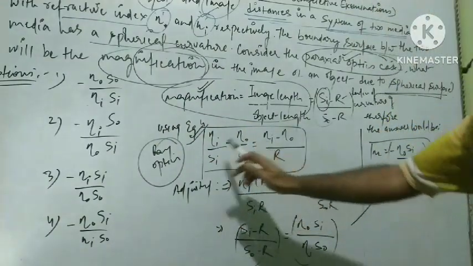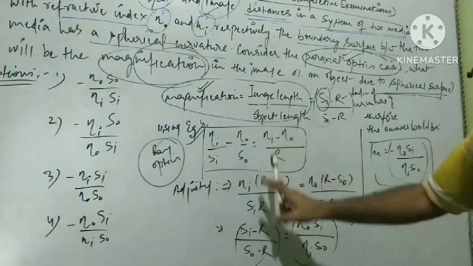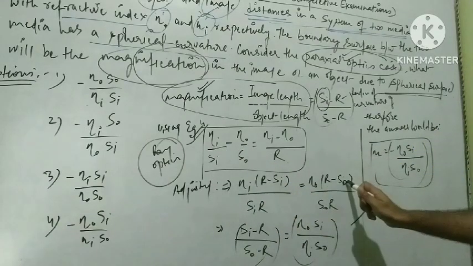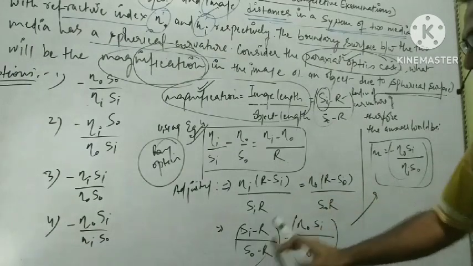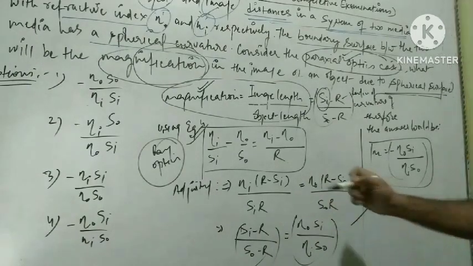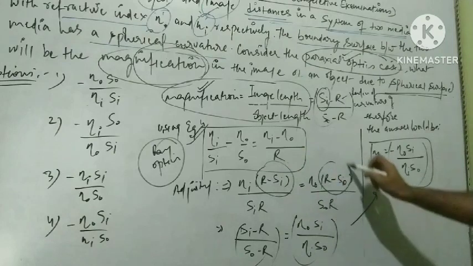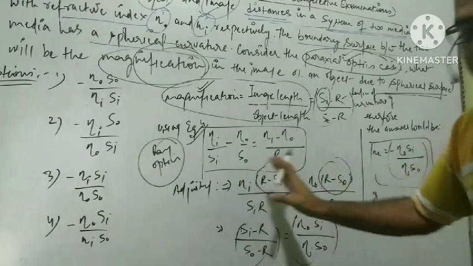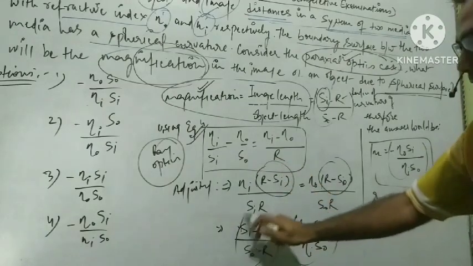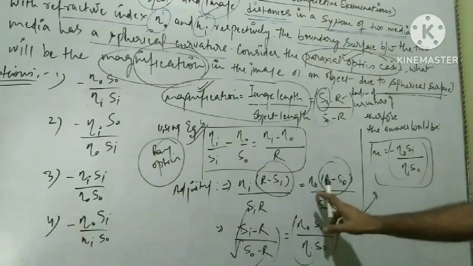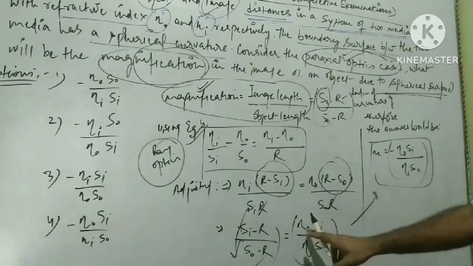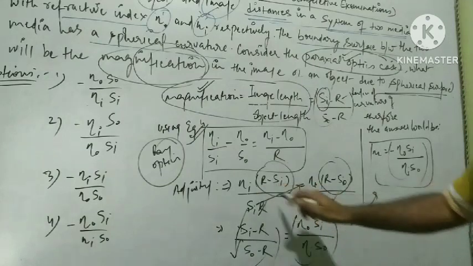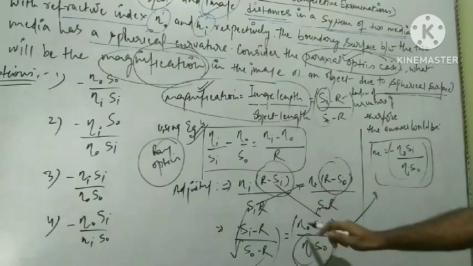Now if we adjust the indices, we have eta I (R minus SI) upon SI R equals eta naught (R minus S naught) by S naught R. Further adjustment leads to, and here it is very important, R minus SI and R minus SO. If we keep the negative sign outside in both, it converts to SI minus R and SO minus R, and R R cancels, and we obtain eta naught SI on one side and eta I S naught on the other.